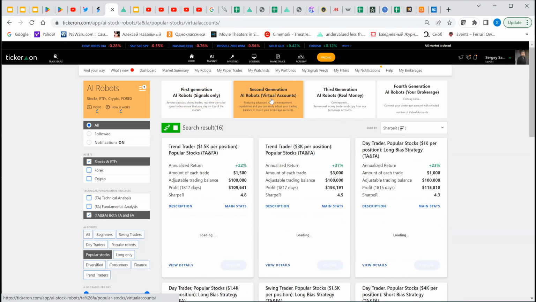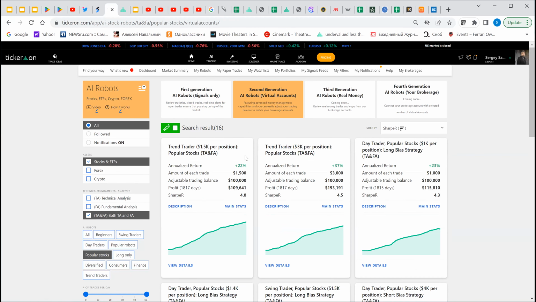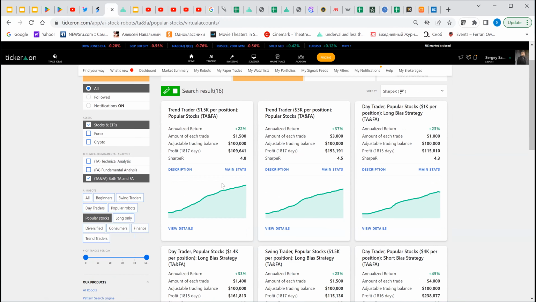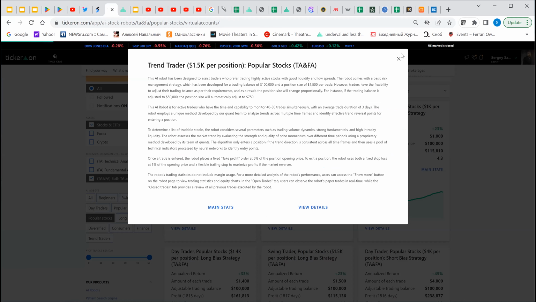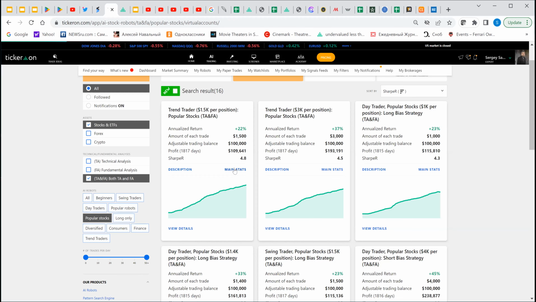On the second generation of AI robots virtual accounts, you see the following. The amount of each trade is different: it's 1,500, 3,000, 1,000, and then the amount tradable, right? Trading balance 100,000, 100,000. It's a description, main statistics.